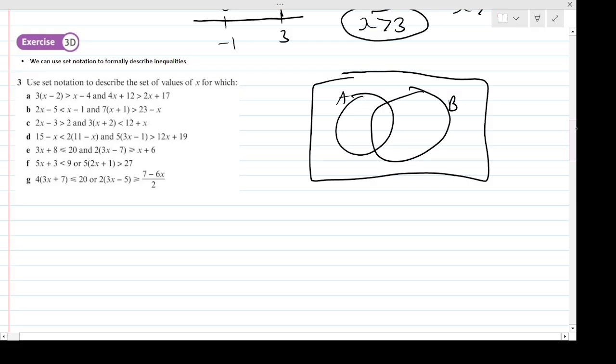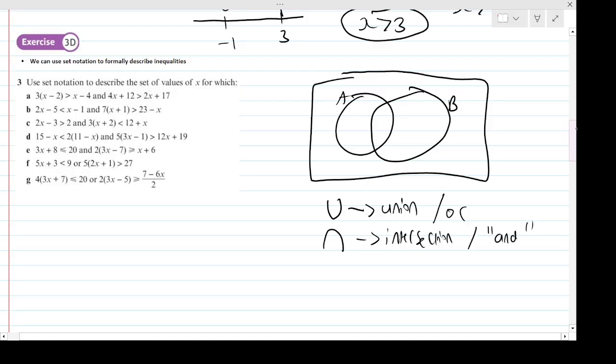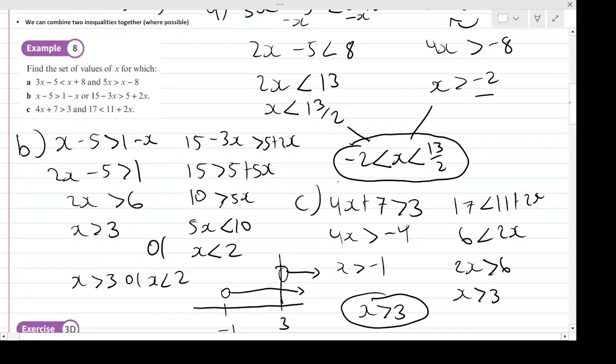Now you should be familiar with this notation. This U shape, which means union, which also means "or" in simple terms. And also this symbol, which means intersection, which means "and". So "or" and "and", as you just saw in the previous question, those were the command words.